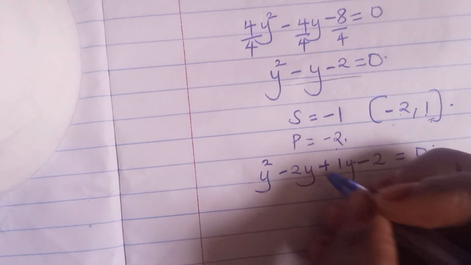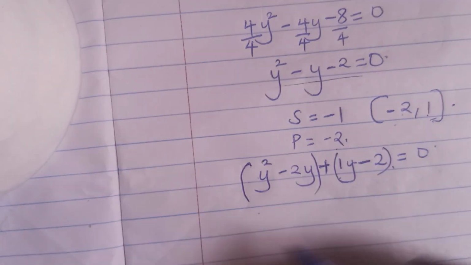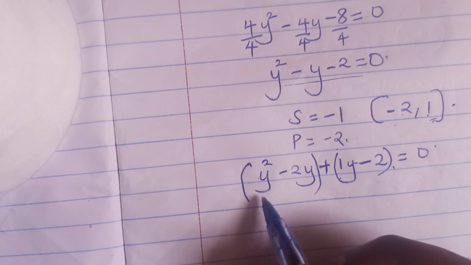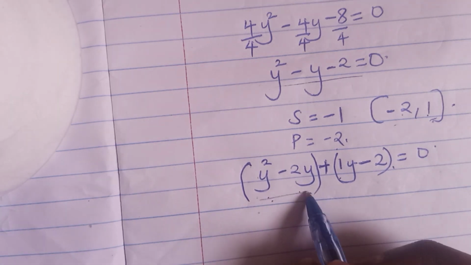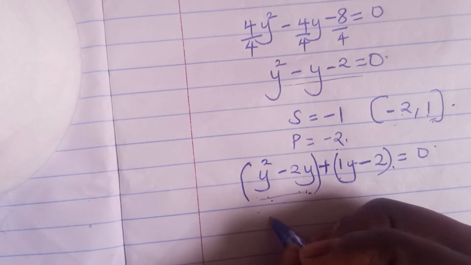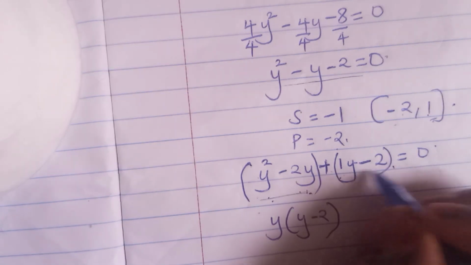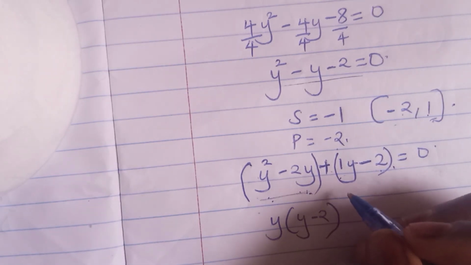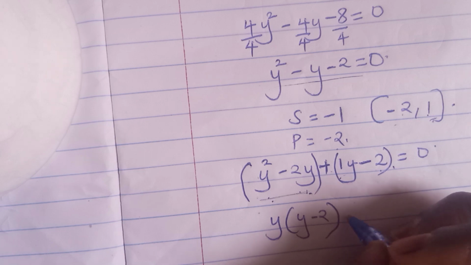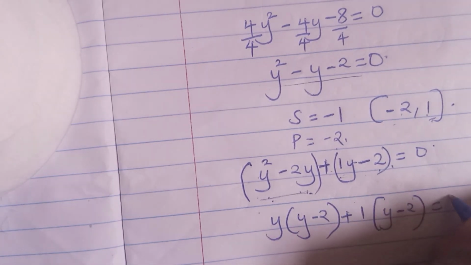Group them into 2 terms that way and factor out the common factor. For this term, our common factor is y, so I'll factor out y. So this will be y into y minus 2, and for this case I'm going to factor out 1, and it will be 1 into y minus 2 equals 0.